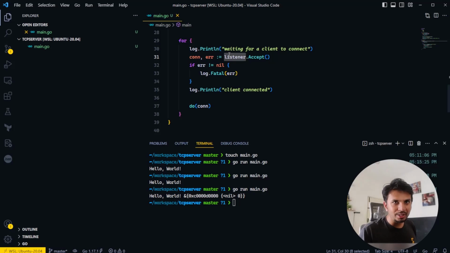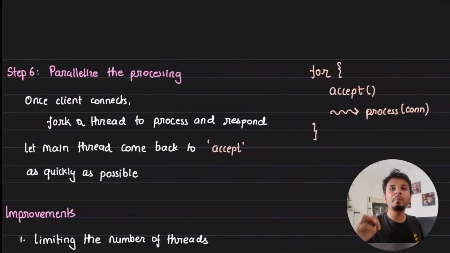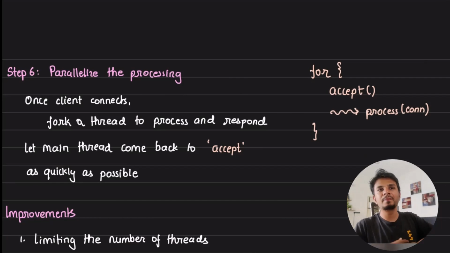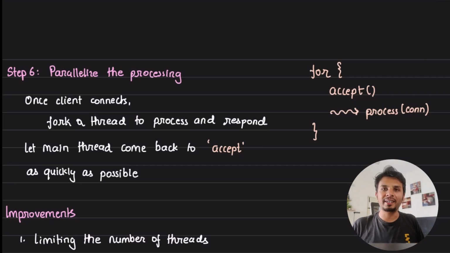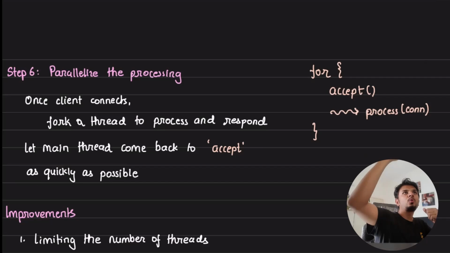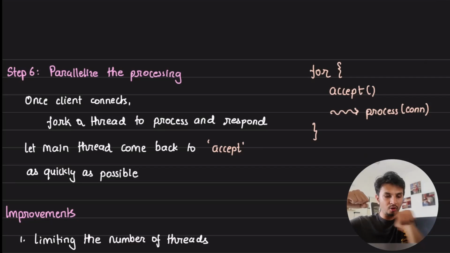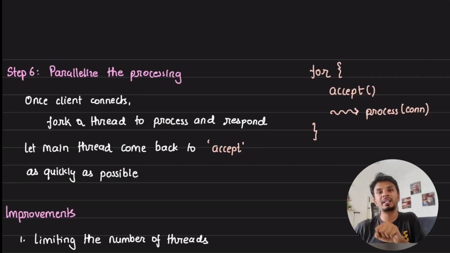So what do we do? This is precisely where the multi-threaded server comes in, parallel processing. While we are accepting the connection and then processing it, in our do function, what if we do the do part in a thread? What would happen? When I'm accepting the connection and doing that processing, what if the handling of the request happens in a separate thread?